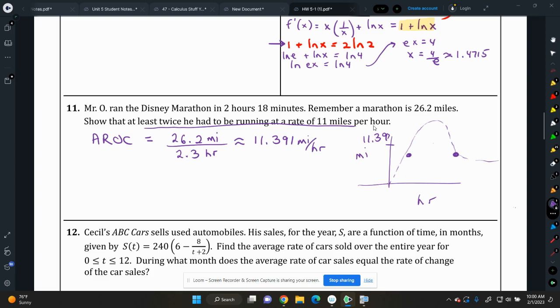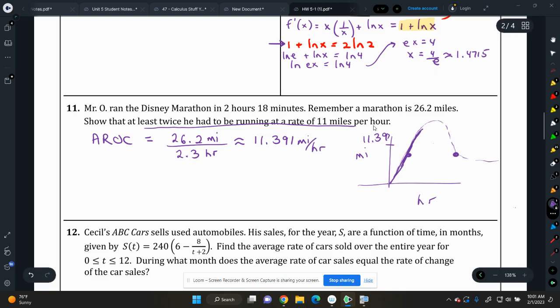So if he ran at 11.391 as my average, then he had to hit 11 miles per hour as he was speeding up to that value.